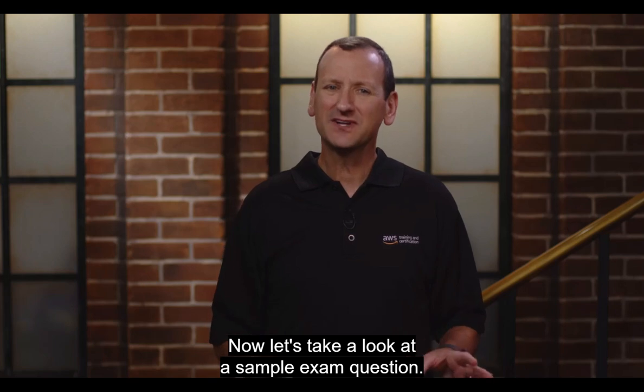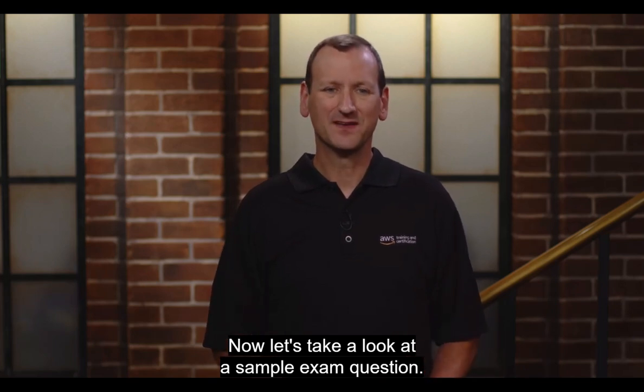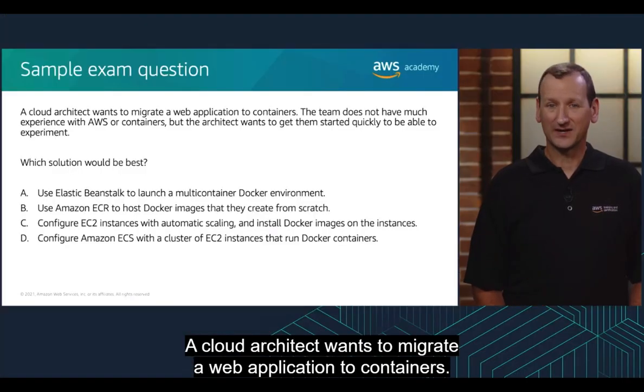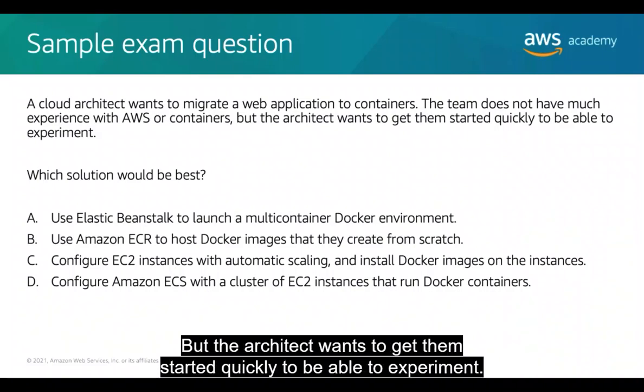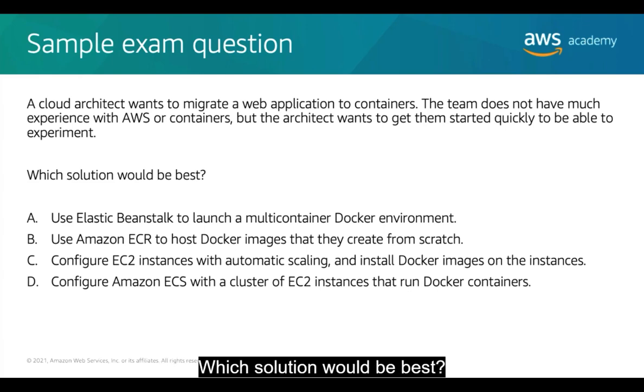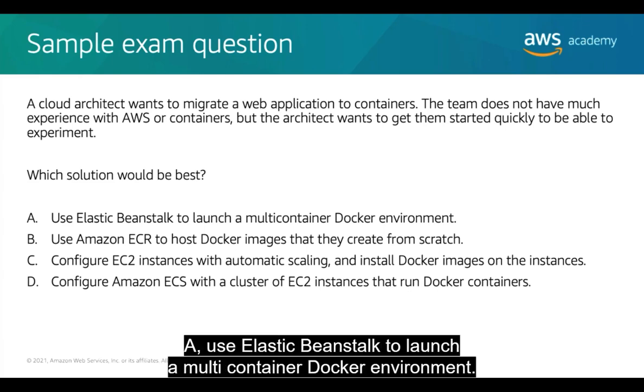Now, let's take a look at a sample exam question. A cloud architect wants to migrate a web application to containers. The team does not have much experience with AWS or containers, but the architect wants to get them started quickly to be able to experiment. Which solution would be best? A, use Elastic Beanstalk to launch a multi-container Docker environment.